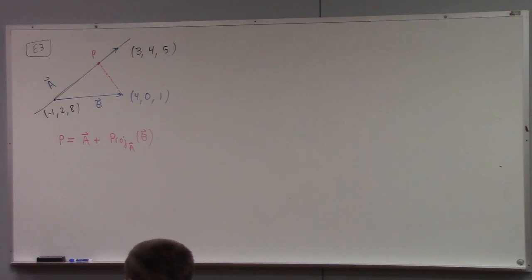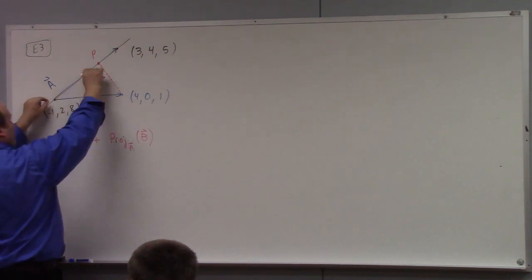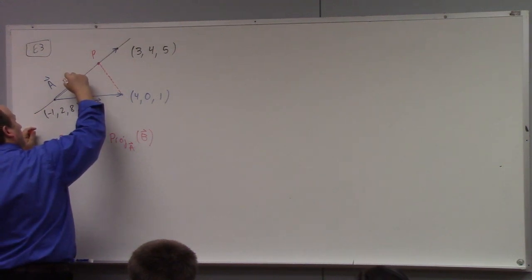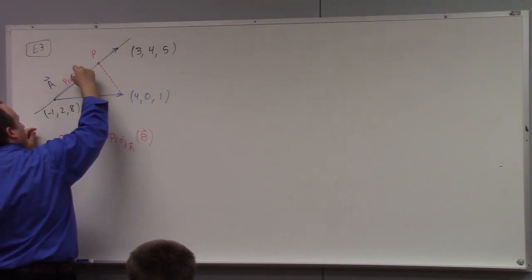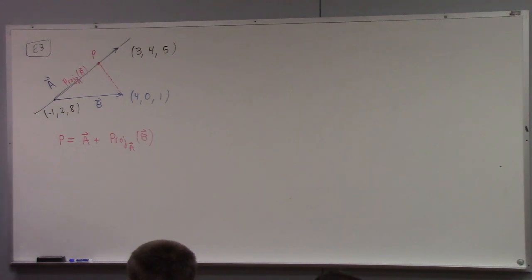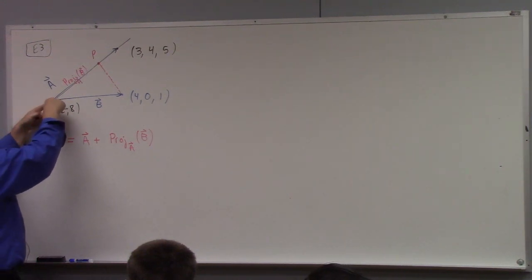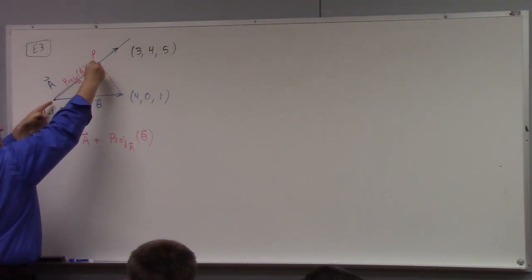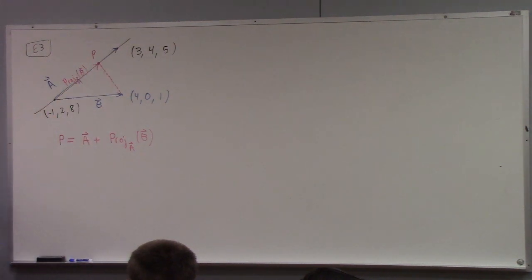See what I'm doing? I'm starting at the point I know, which I'm given, namely (-1, 2, 8), and I'm adding a vector displacement to that point. This right here is the projection onto A of the B direction up here. So if I take this point plus that vector, it gets me right to where I want to be. Let's actually calculate it.